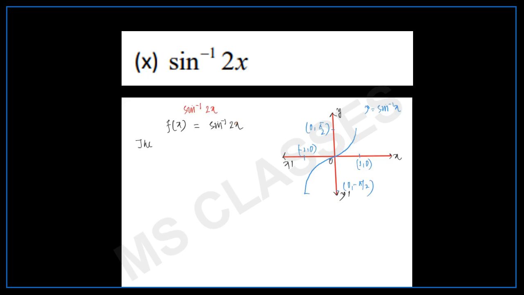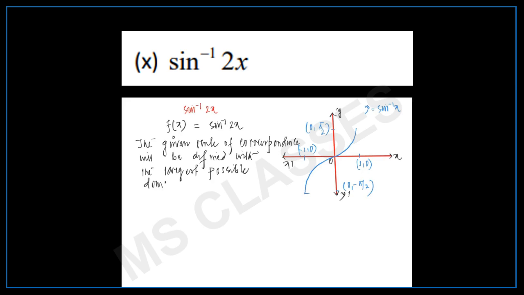The given rule of correspondence will be defined with the largest possible domain when -1 less than or equal to 2x less than or equal to 1.